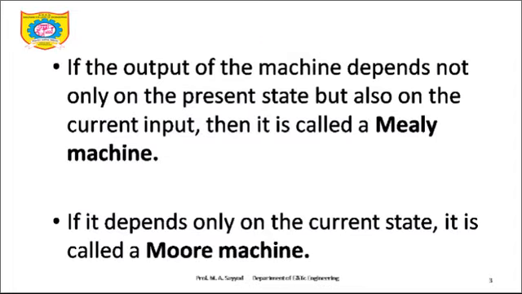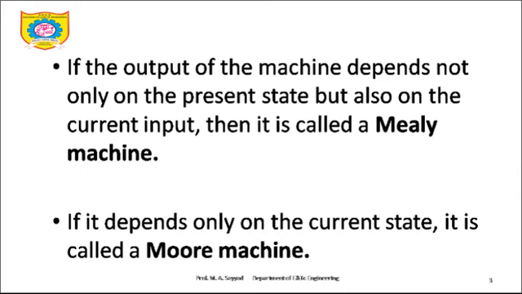There are two types of FSM. One is Mealy and another one is Moore. If the output of an FSM depends not only on the present state but also on the current input, it is called a Mealy machine. Means in a Mealy machine, the output is not determined by the state alone.